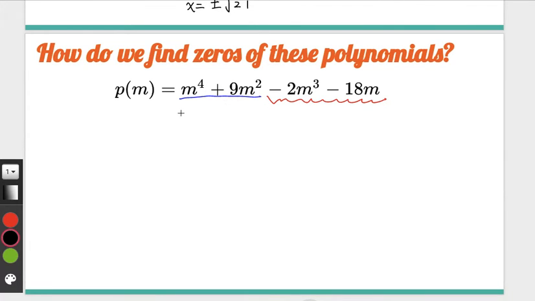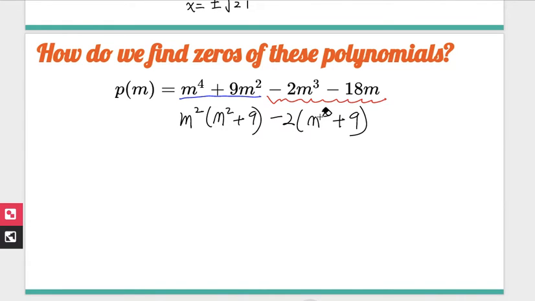For the first two, it's m squared times m squared plus 9. Makes sense? Because they both have m squared. For this one, remember this is negative, so I'm going to take negative 2 out of this. So it's m squared plus 9. Oh, I think I made a mistake here.